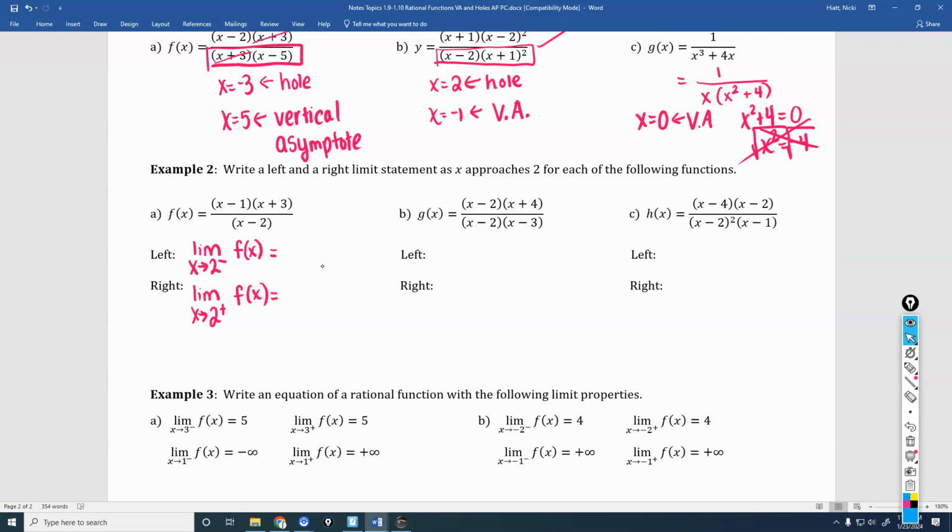There's no hole because nothing cancels at x equals 2, because that comes from the bottom, right? We've got a vertical asymptote. That tells me that this graph, whenever I get over here to 2, I've got like a dotted line right here, and I'm going to approach either positive infinity or negative infinity.